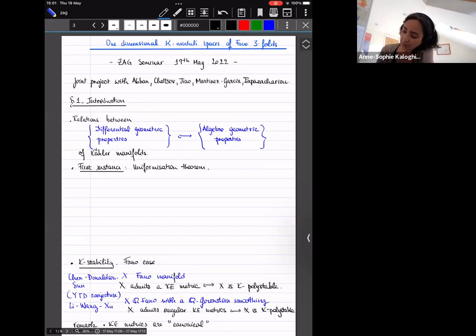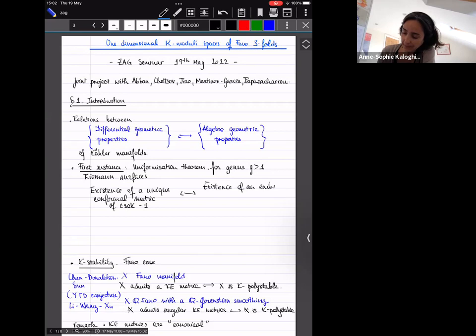So essentially, for genus g greater than 1 Riemann surfaces, the uniformization theorem tells us that the existence of a unique conformal metric of constant scalar curvature -1 is equivalent to the existence of an embedding as a GIT stable algebraic curve.